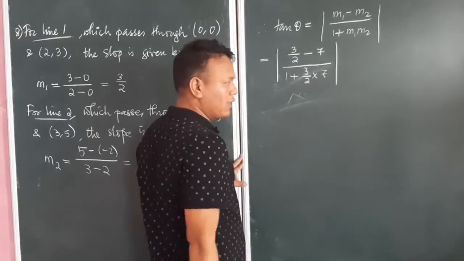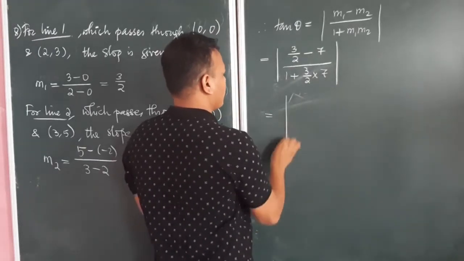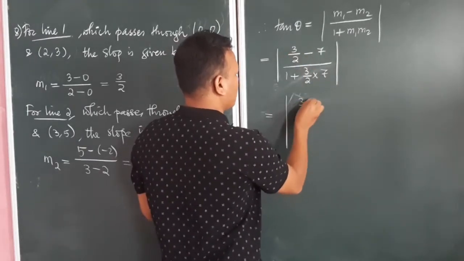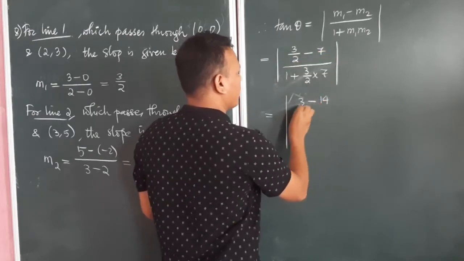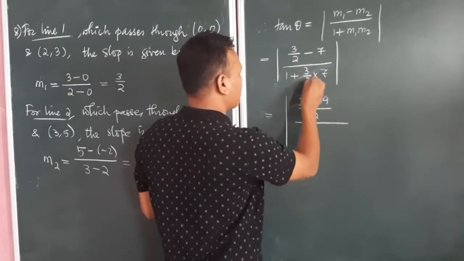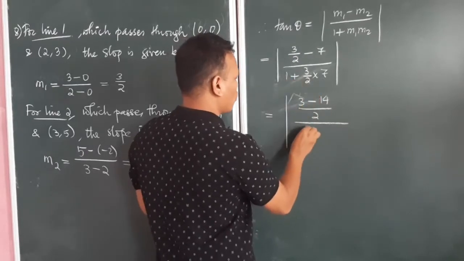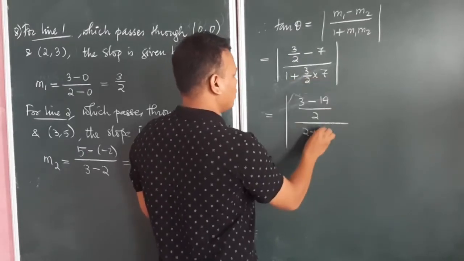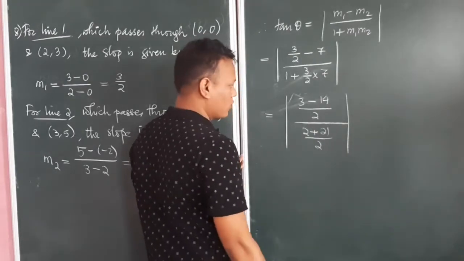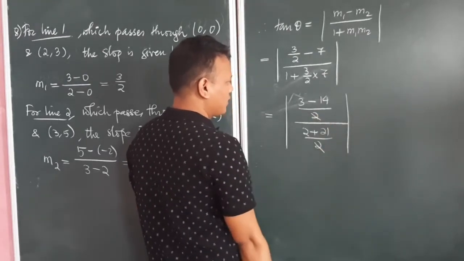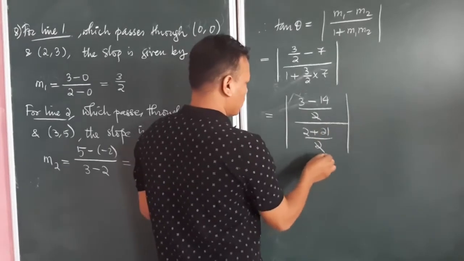So let us quickly evaluate this. We have 3 minus 2 times 7, which is 14, by 2, divided by 2 plus 3 sevens, which are 21, by 2. I hope you know how to simplify this. So this 2 and 2 get cancelled.